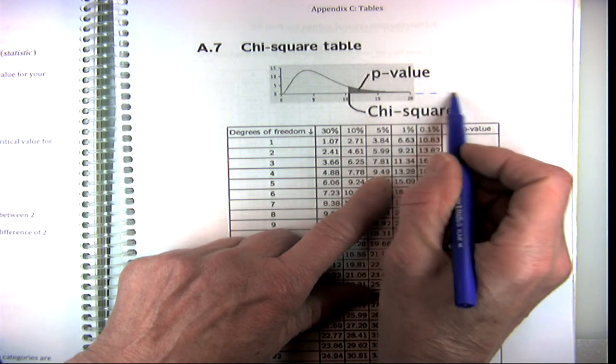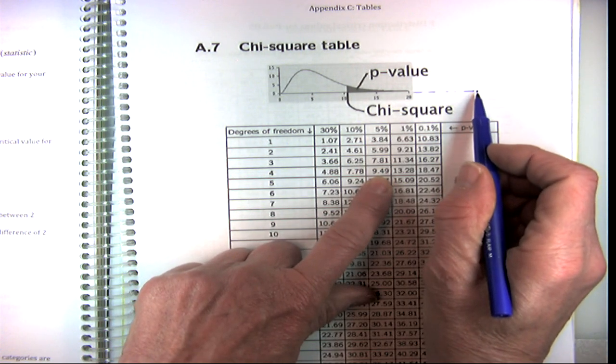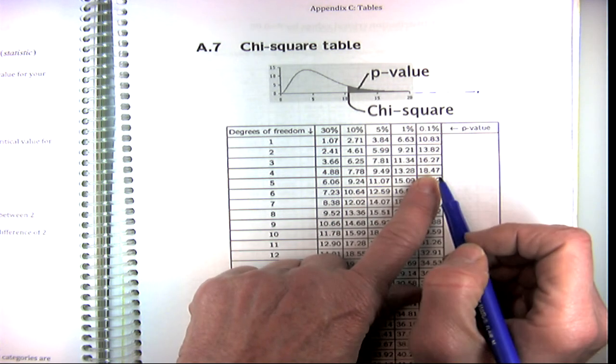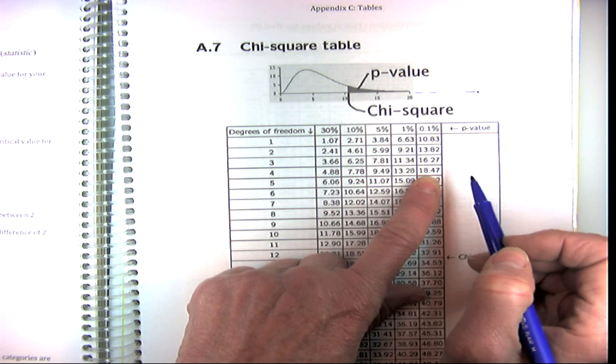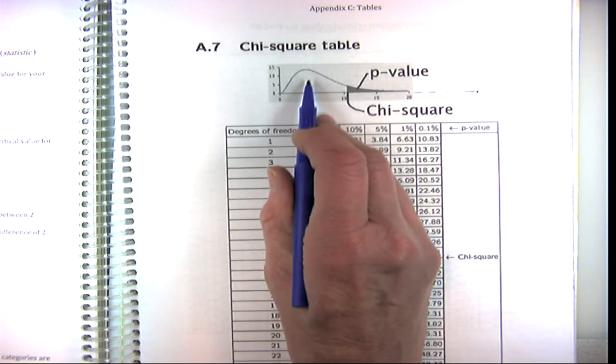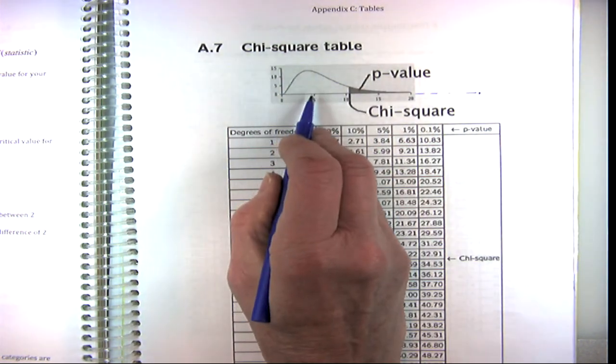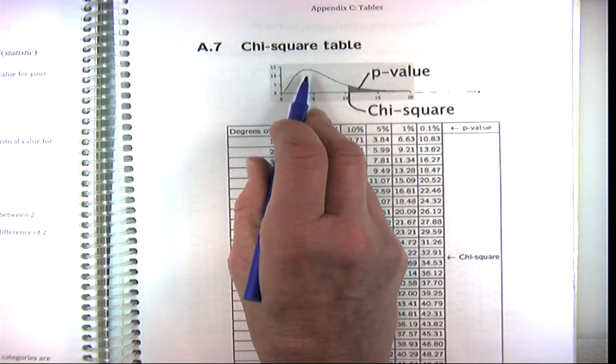Ours is way, way out here somewhere. It's a tiny, tiny p-value, less than 0.1%. Do you understand? This one looks like about the right distribution, centered at about 4, the degrees of freedom.